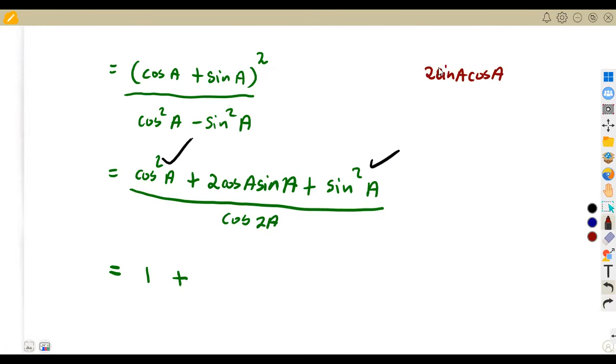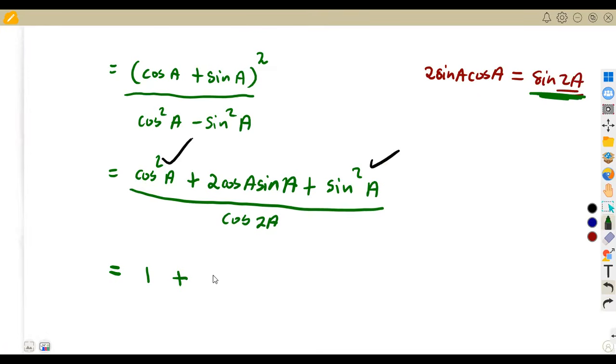And we know that 2 sine A cos A was taken from the sine of what? From the sine of 2A, from the double angle of sine. Sine 2A is equal to 2 sine A cos A, which is the same thing as what we have, 2 cos A sine A. So whatever we are having here can be replaced with sine 2A.